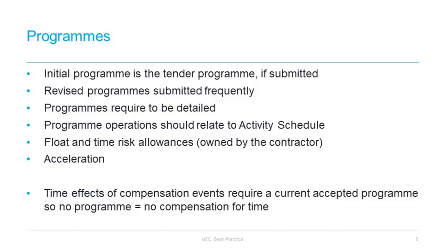Rather, if the employer wants the contractor to complete earlier than the completion or key date, either the original date or as it's been pushed out by a compensation event, the only way that can be done is if the contractor is asked to accelerate. The completion date will then be the completion date as amended, as brought forward.